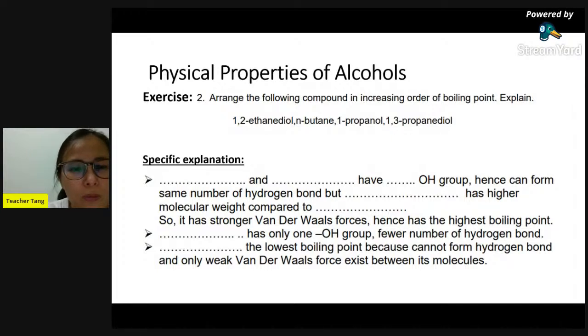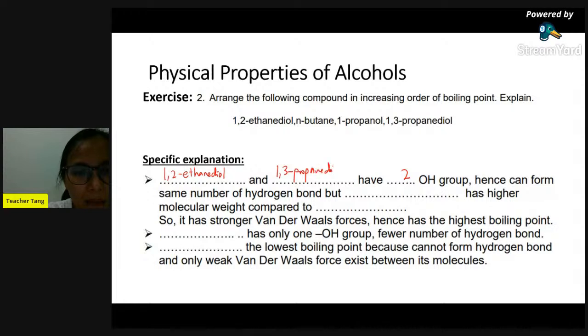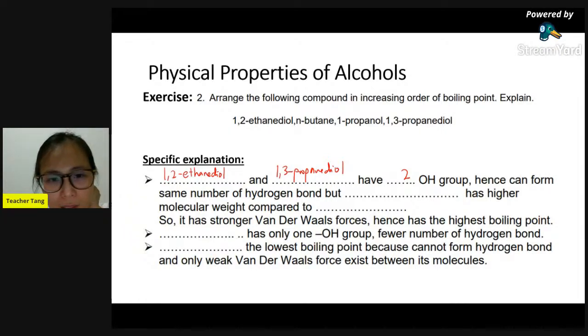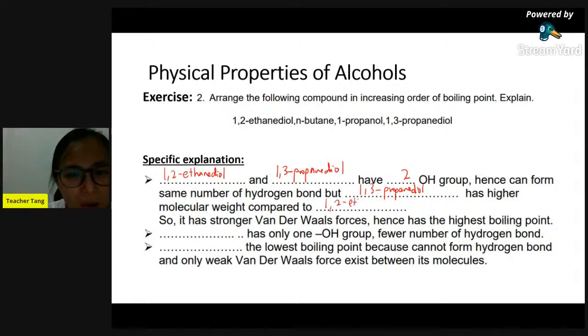It will be 1,2-ethane-diol and 1,3-propane-diol. They have two hydroxyl groups, so they can form the same number of hydrogen bonds, but 1,3-propane-diol has higher molecular weight compared to 1,2-ethane-diol.